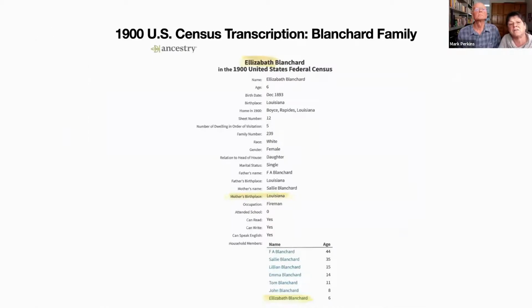This is another census transcription of the Blanchard family. This is another way you can get that information and look at it. It talks about Elizabeth Blanchard, and her mother's name is Sally Blanchard. It says her mother's birthplace was Louisiana. If you look at the middle of the page, you can see that. So there's two things about that. I want to note that it said she was born in Louisiana. And then at the top, look at the way that Elizabeth was spelled.